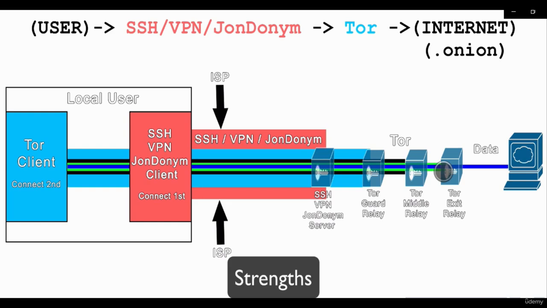using Tor through SSH, VPN, JonDonym server, or Tor guard relay, Tor middle relay, Tor exit relay. Then it gains this data, and Tor helps to reach data by SSH, VPN, or JonDonym.